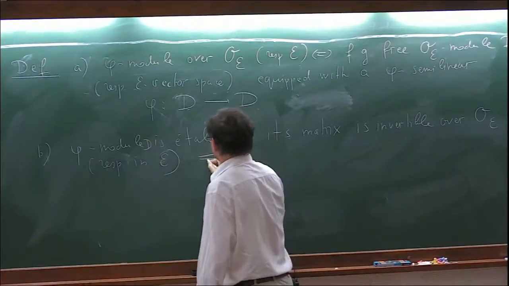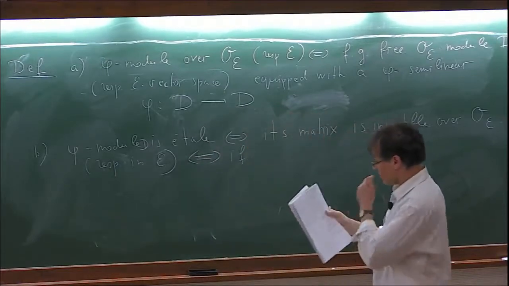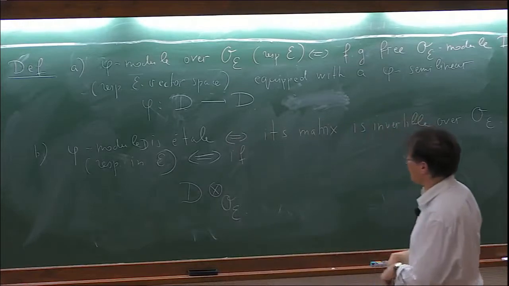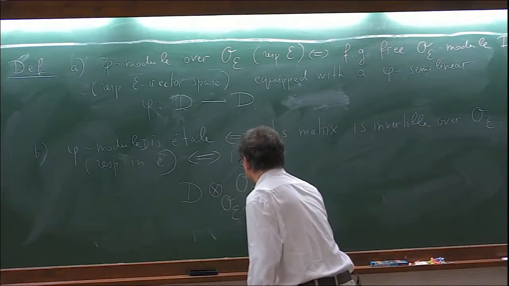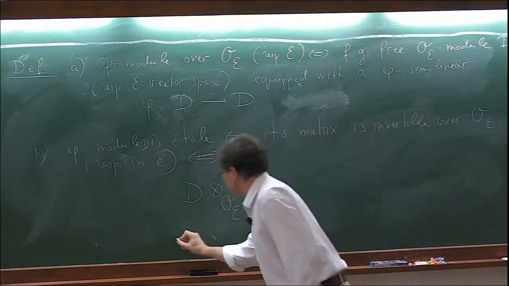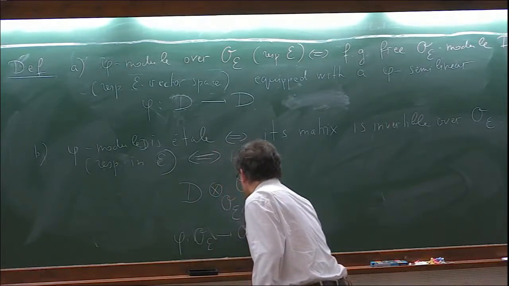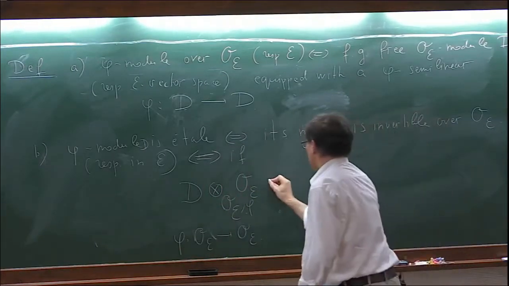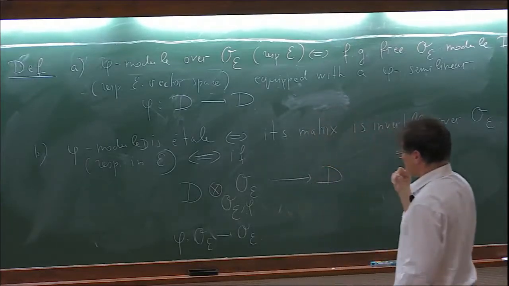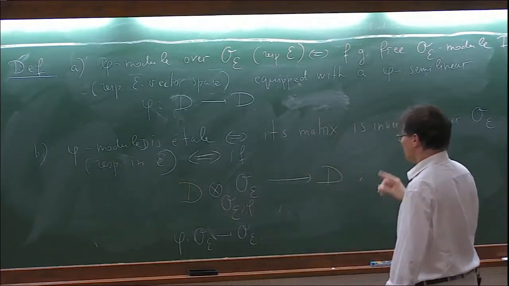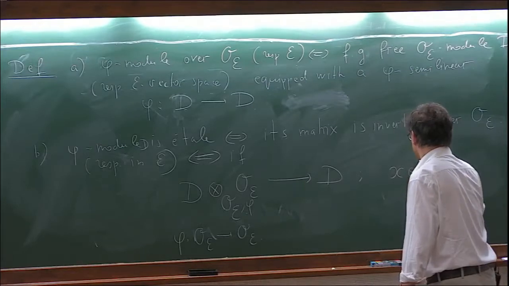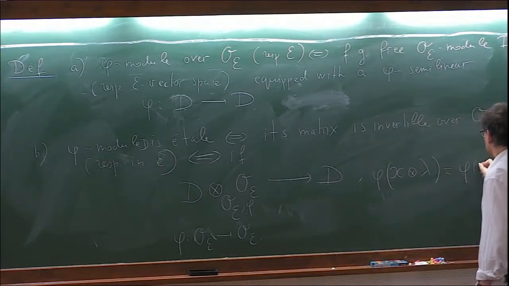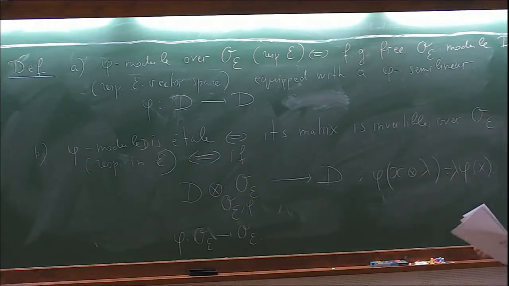or equivalently, if we consider the map from D tensor O_E with respect to the map phi, where this notation says that we consider O_E as a module over itself via this map, and consider the map from this tensor product to D given by the following formula, it is an isomorphism.